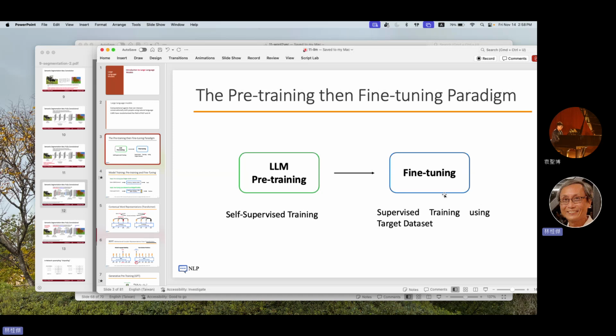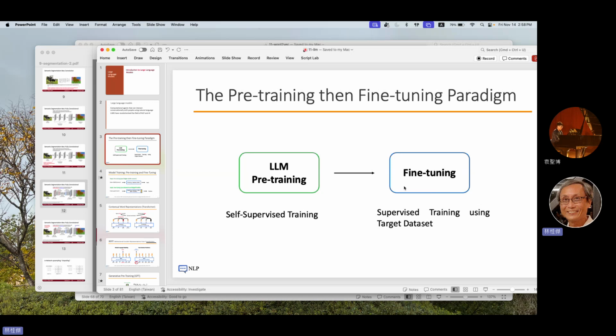And then usually in the second step, we do supervised training using some target data set, which is to say, well, your original answer is general, because you have read a lot of input. But now I want to make sure that your answer is always correct.